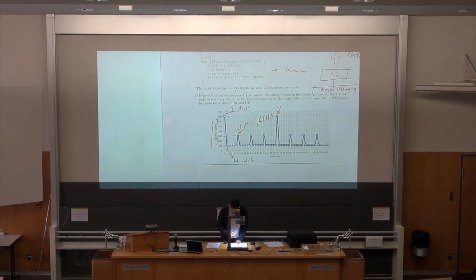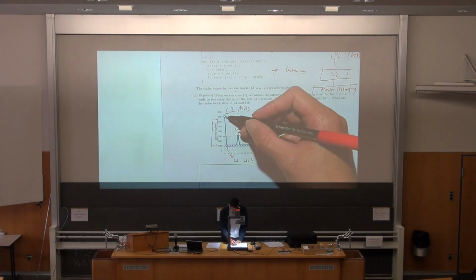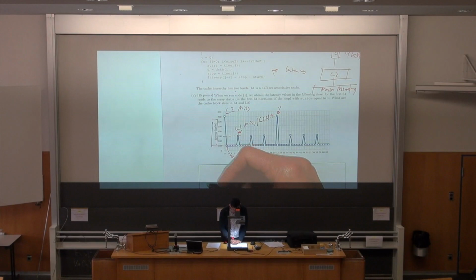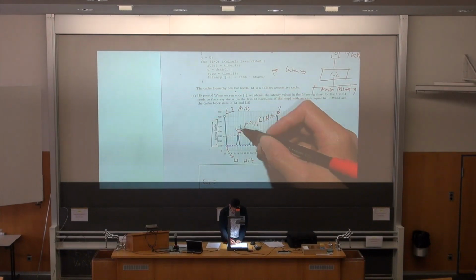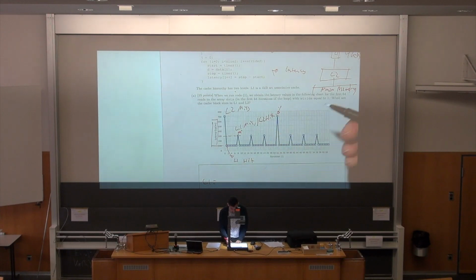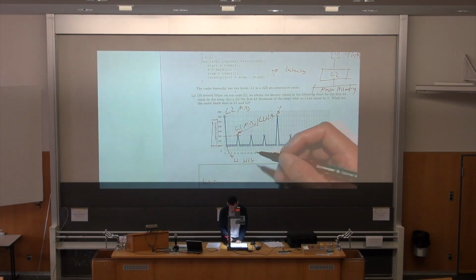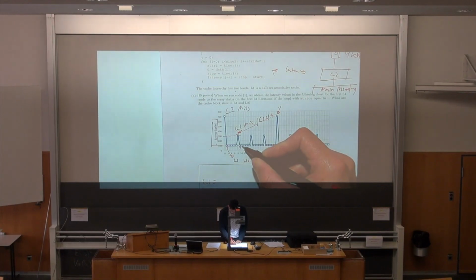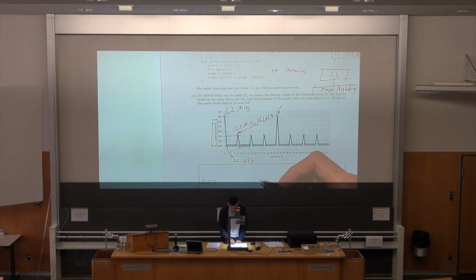Since I'm checking every single element to know the cache block size of L1, I just need to count how long it took for me to obtain an L1 hit after the first access. So here, if you count, I have 1, 2, 3, 4, 5, 6, 7, 8. I have 8 cache hits in L1 before missing and going to L2.